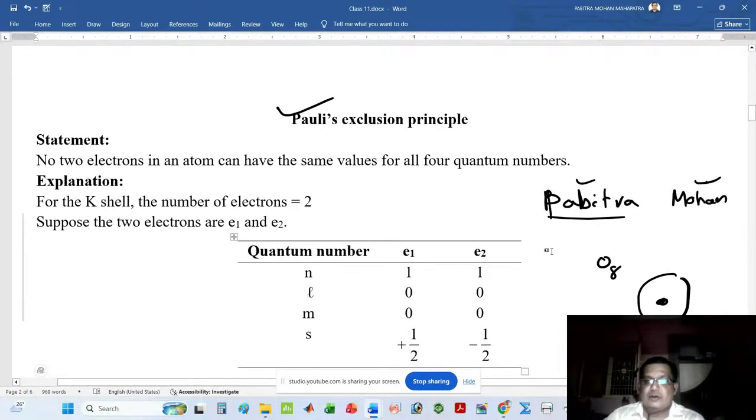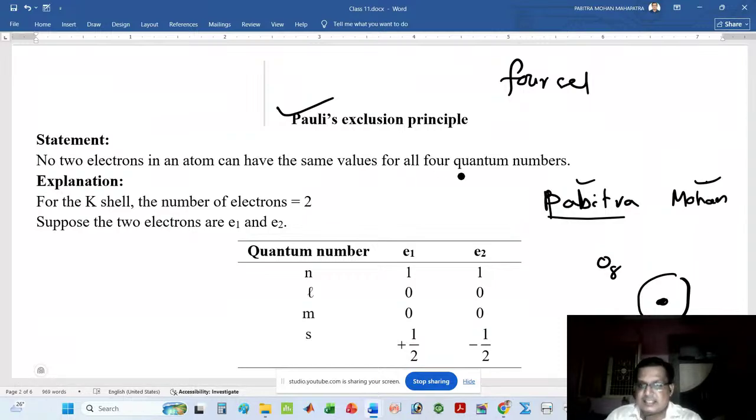Already we know that every electron has a set of four quantum numbers. You cannot say that all four quantum numbers are the same for two electrons. No, there must be a difference in their spin quantum number. If you think about two electrons in a particular orbital, suppose the px orbital, there are two electrons present in the px orbital.